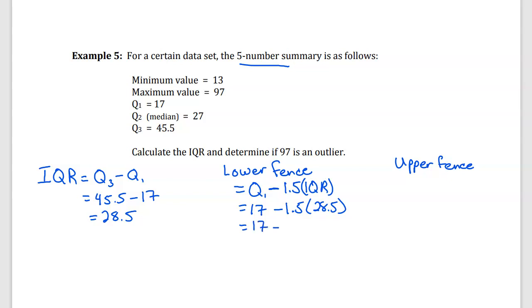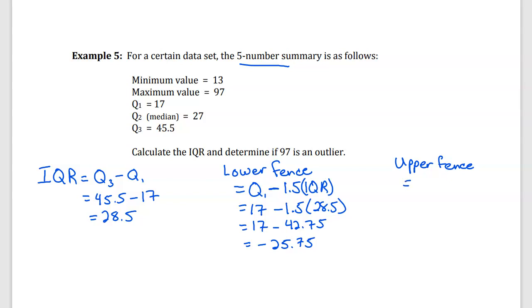So we'll have 17 minus 42.75, which is going to give us a negative number, which is okay. Our fences can be negative numbers. But the question here is, my minimum value, is it less than a negative number? No. So I don't have an outlier on this minimum side, on my lower side.